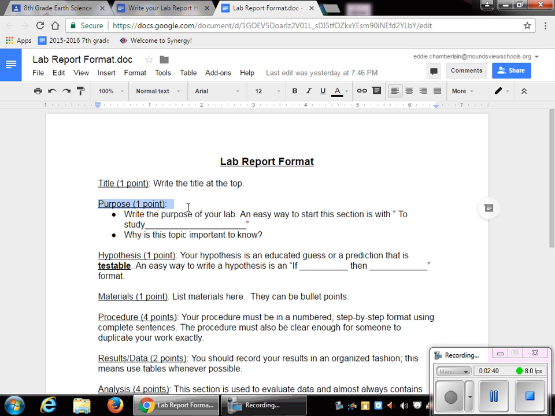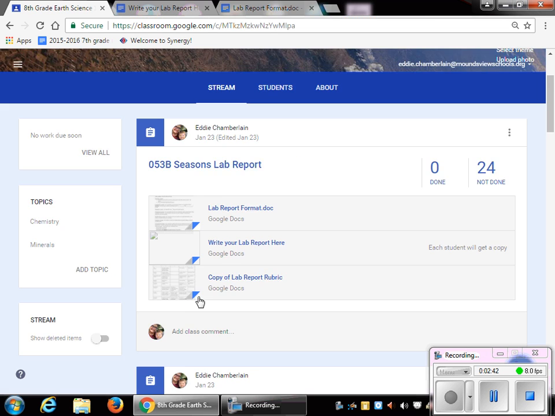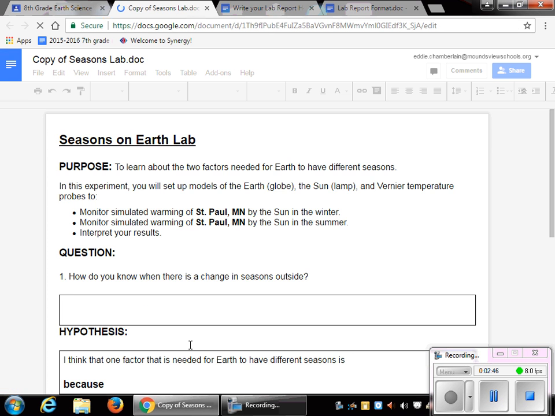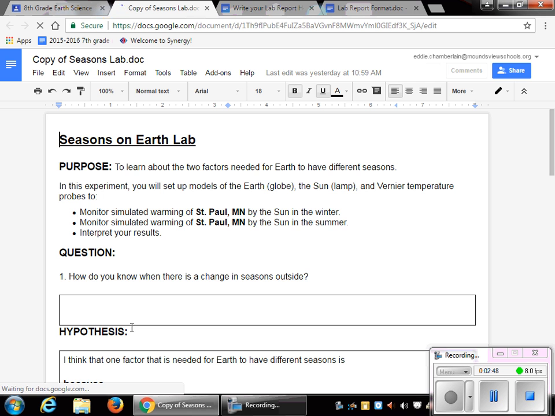The purpose of the lab, you might want to look back at your actual lab that you did, because the question we were trying to answer, the purpose of the lab, was to know about the things that are needed for the earth to have different seasons.